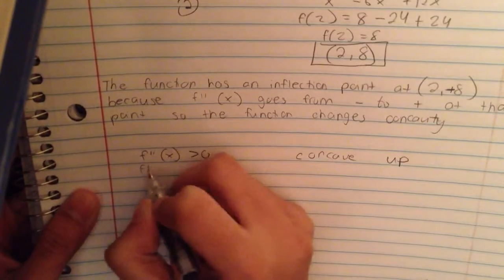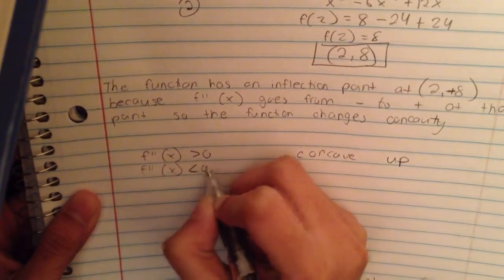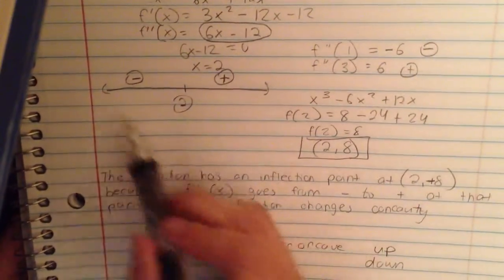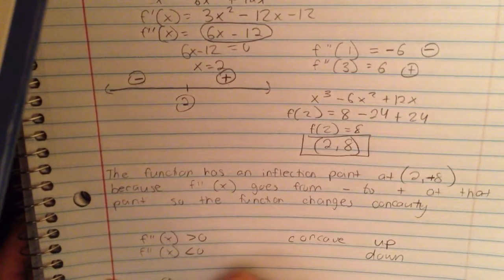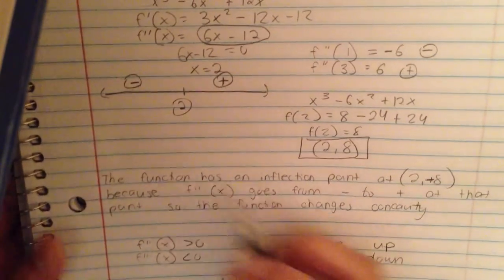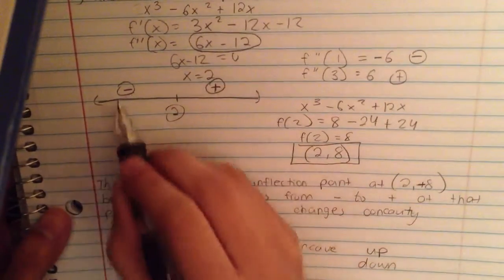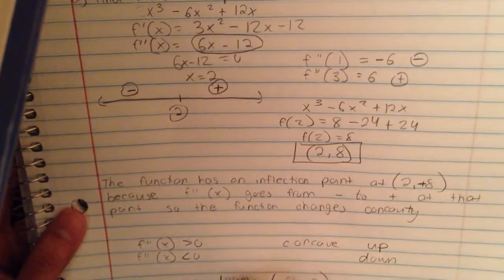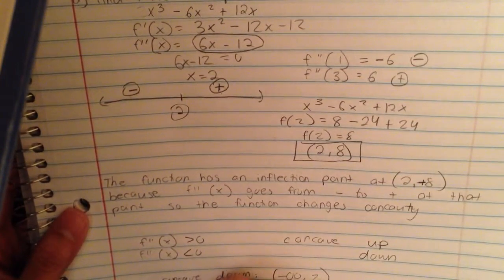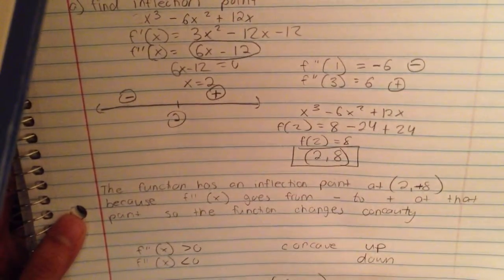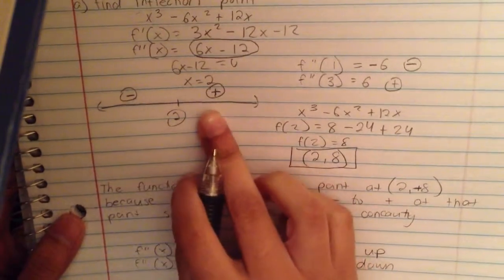And if f double prime of x is less than 0, it's concave down. You know that on the interval negative infinity to 2, it's concave down because it's less than 0. And you know it's concave up on the interval 2 to infinity because it's greater than 0 on that interval.